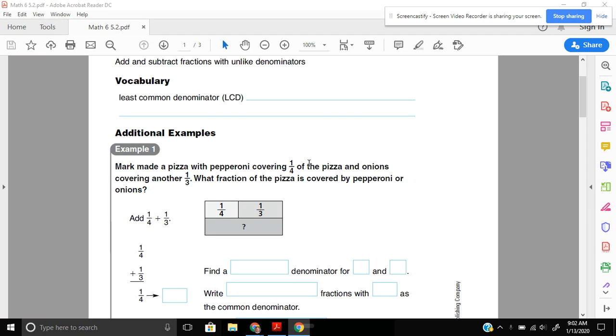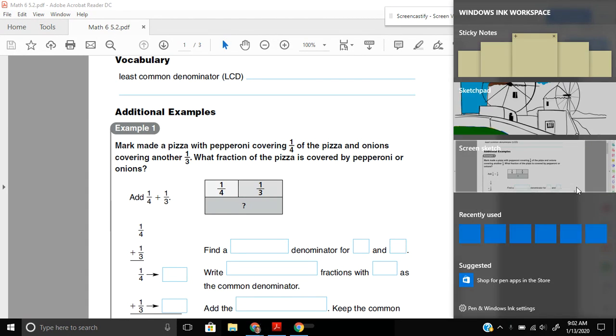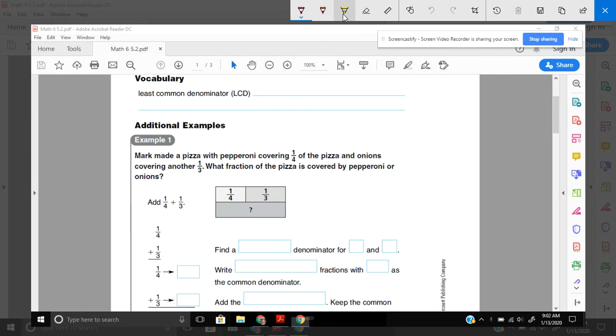Okay. To start off, for our vocab today, we have least common denominator, and that's actually very similar to the least common multiple, like we had talked about last section.